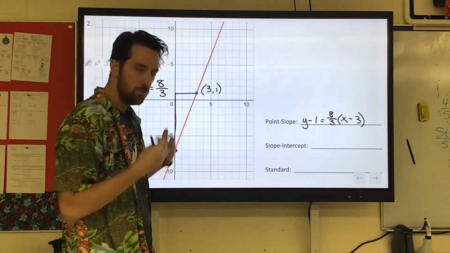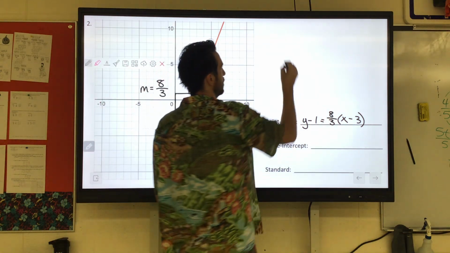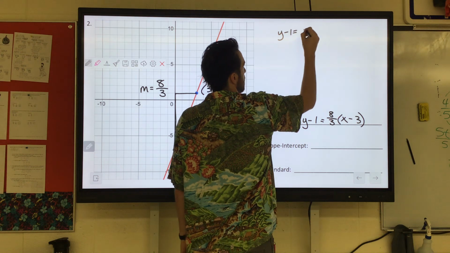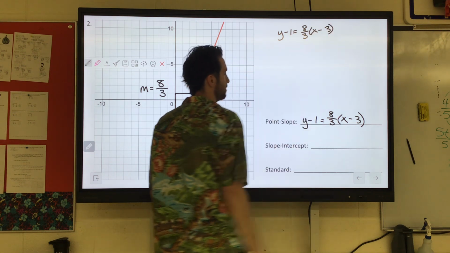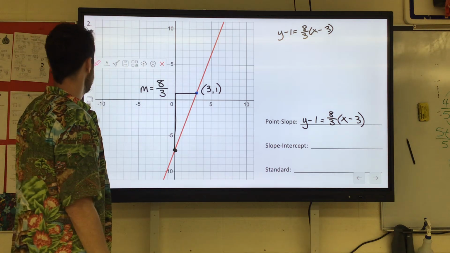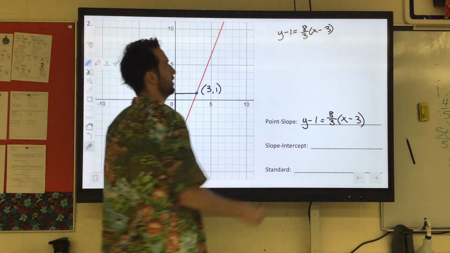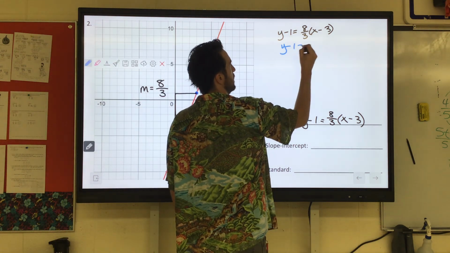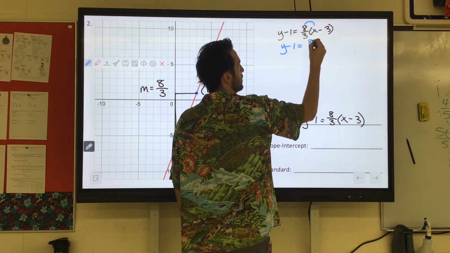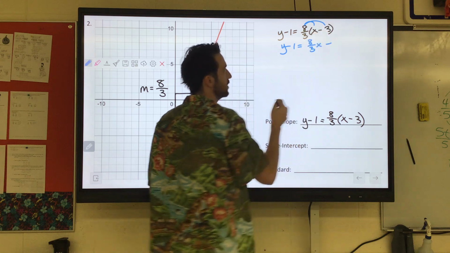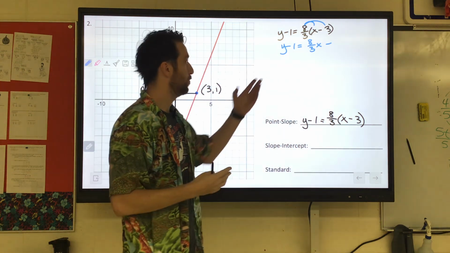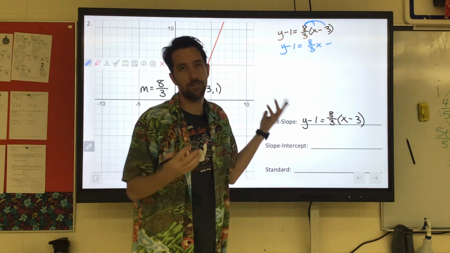Now we're going to have to do work to that, so I'm going to write it up here as well. y minus 1 equals 8/3 times (x minus 3). We always have to distribute there. So y minus 1 equals 8/3 x minus... Like I said on the last one, if you're multiplying what's in the denominator, the 3 and the 3 are going to cancel out.